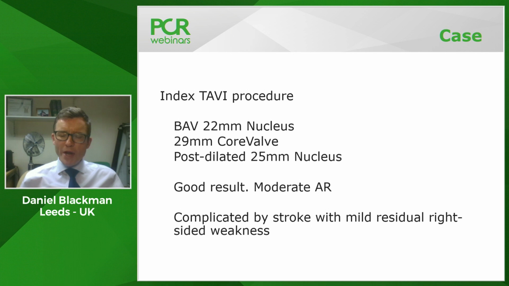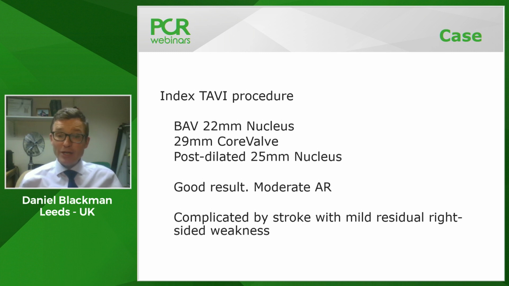So the TAVI procedure went ahead with what was at that stage the way we did a TAVI procedure, which was pre-dilating with a 22 millimeter balloon for a 29 millimeter CoreValve. We always pre-dilated and post-dilated with the same size balloon, which shows how things have changed. This patient did require post-dilatation. And it's interesting also to look back at, we describe this as a good result, although he did have moderate aortic regurgitation.